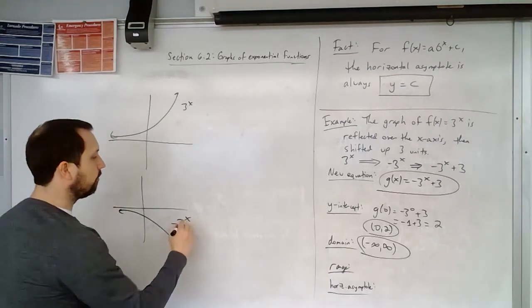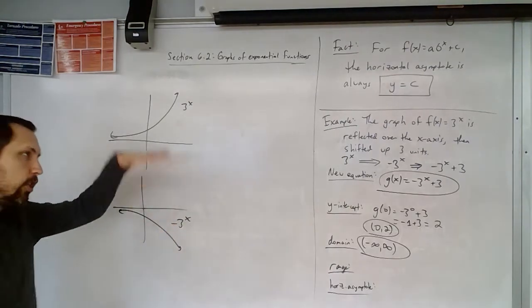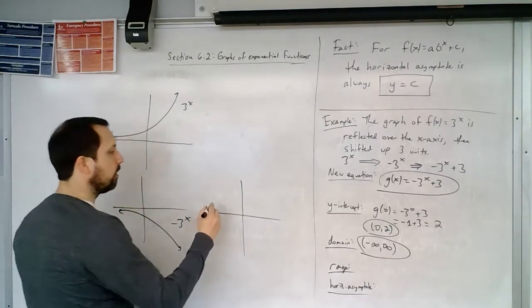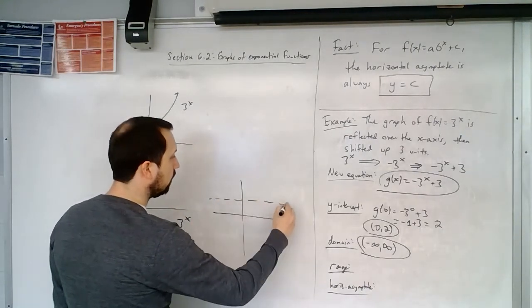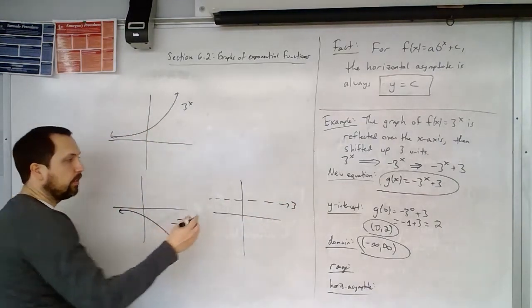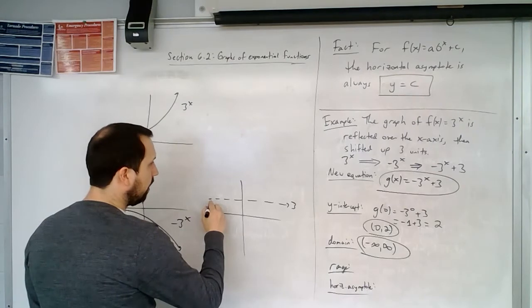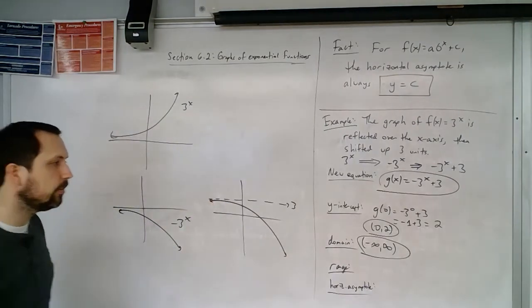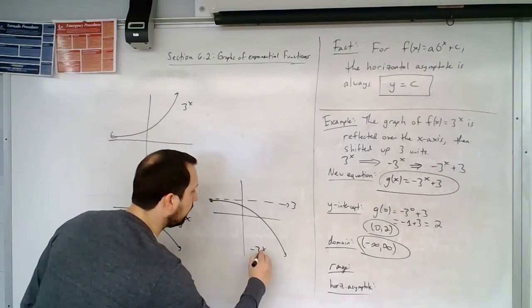This was my negative 3 to the x. Then if I shift this up 3 units, this gets moved up by 3. My asymptote gets moved up 3, and now I look like the following. So this is my negative 3 to the x plus 3.